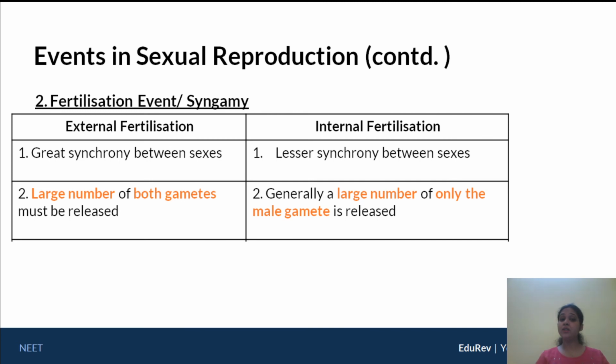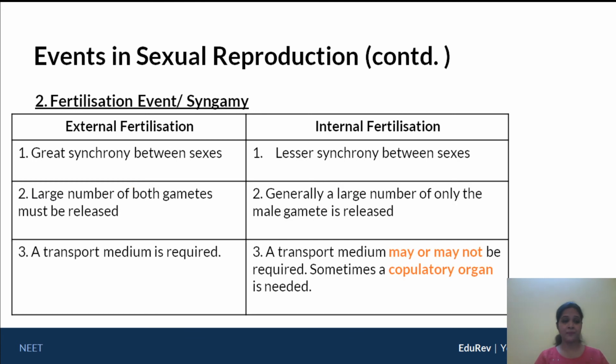But in case of internal fertilization, let's take for example humans. The female gives out one egg cell, just one, normally speaking, per month. But the male, every time you have intercourse, releases millions of sperm into the female. So generally the number of sperm are always greater than the number of egg cells in internal fertilization. But in external, both have to be in great numbers.